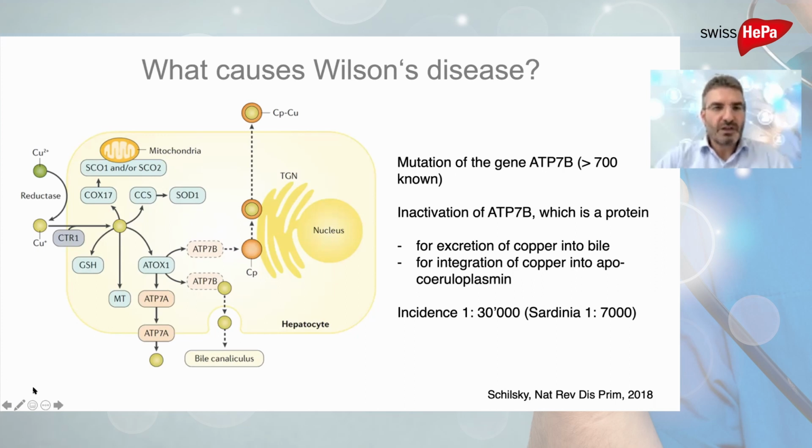What is that? You can see this protein in the center of a liver cell here as an example. And in Wilson's disease, there is a genetic mutation that changes the function of ATP7B.